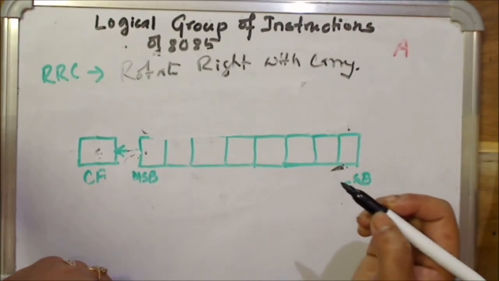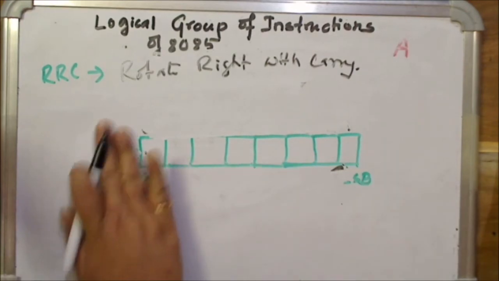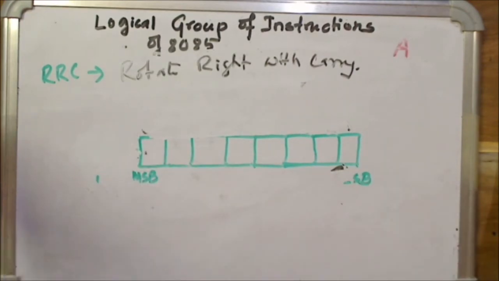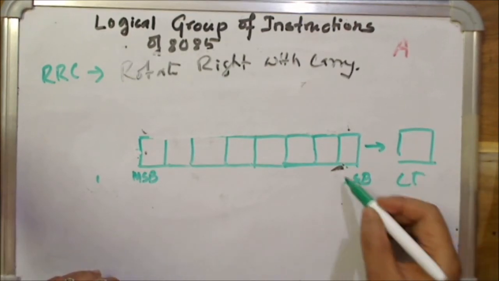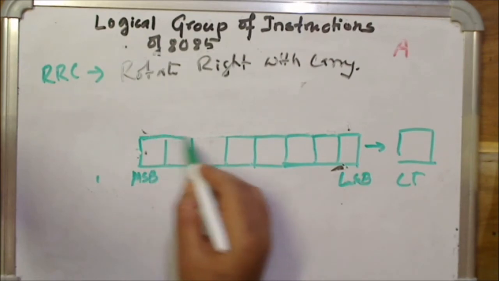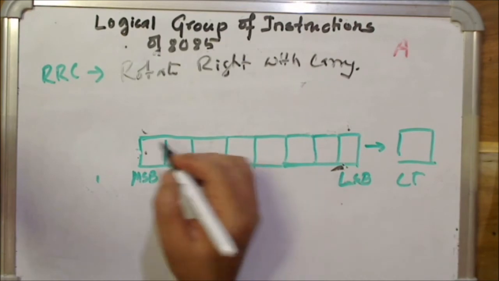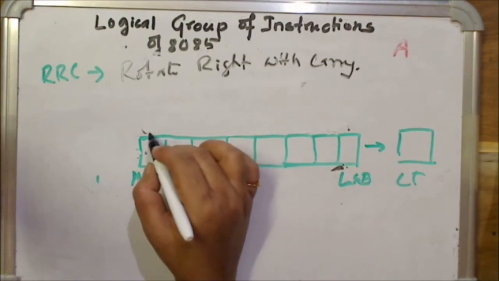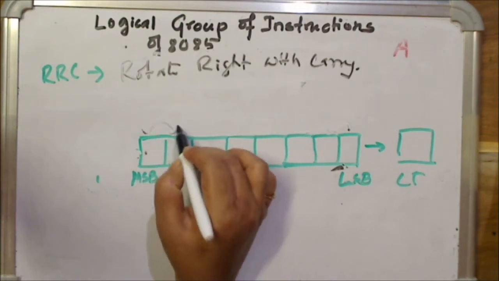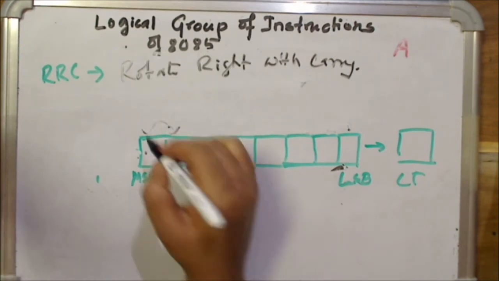Here what will happen? This is the LSB, this is the MSB. So what will happen? Each bit will go one position to the right.